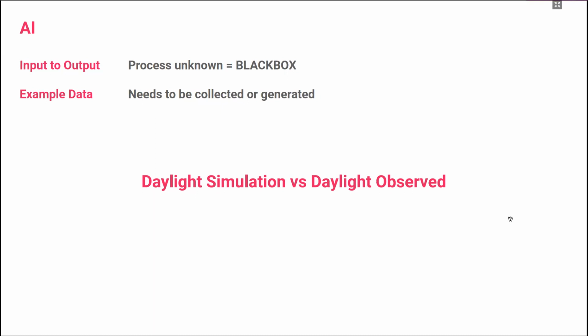There's always a certain delta between the simulated and predicted daylight levels, predicted through different complicated software, and the actual observed daylight level at the site post-construction. There's always a certain delta.